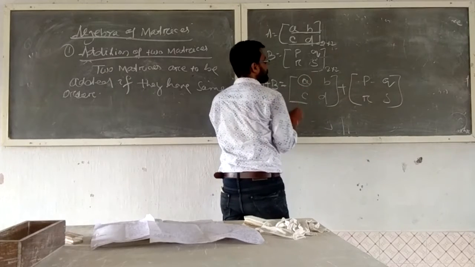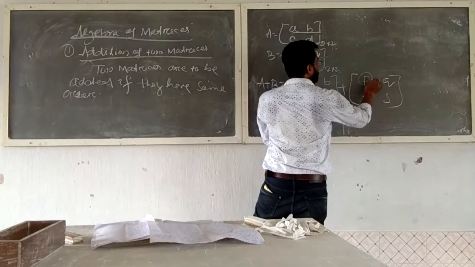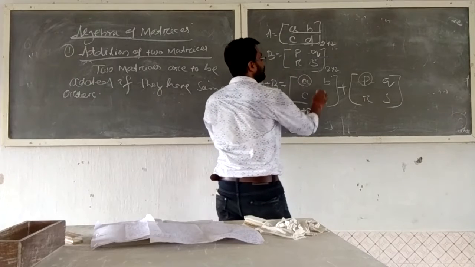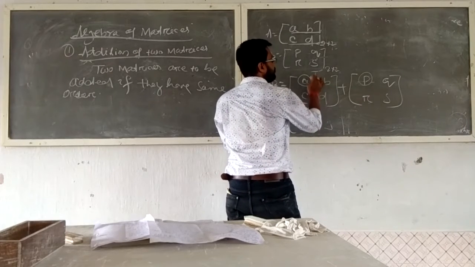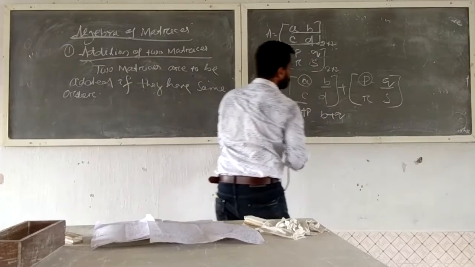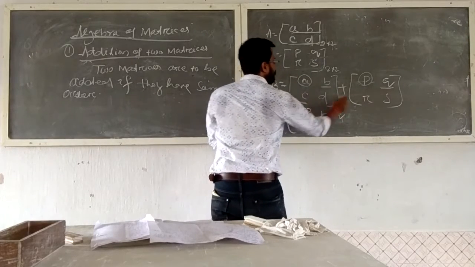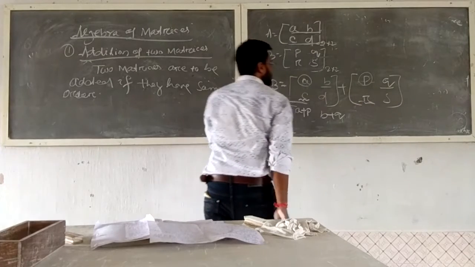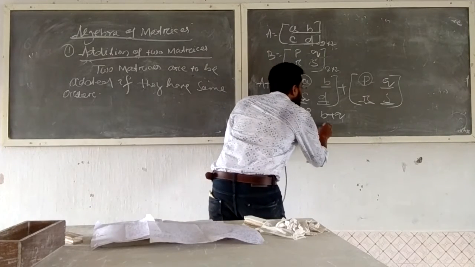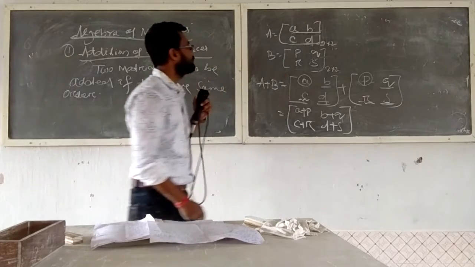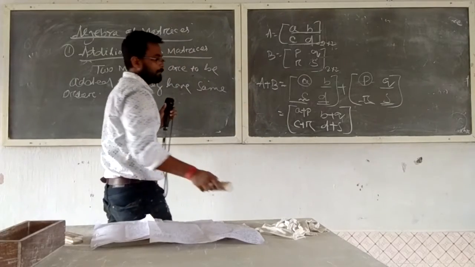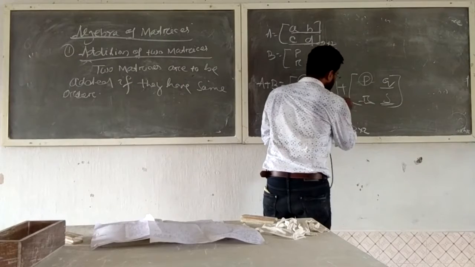The first element of the first row is added with the first element of the first row of the second matrix, that is A plus P. Similarly, in the first row, second column, the element B is added with Q, so B plus Q. Similarly, the second row element C is added with R, so C plus R. The last element is D plus S. In this way, we can add the two matrices. This is also a 2 by 2 order matrix.